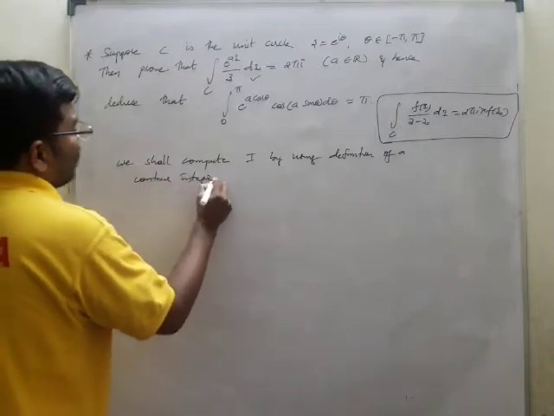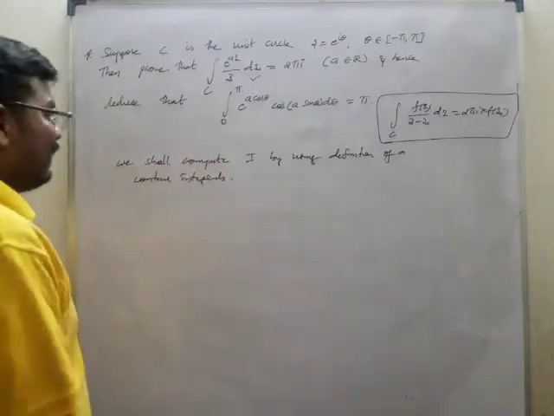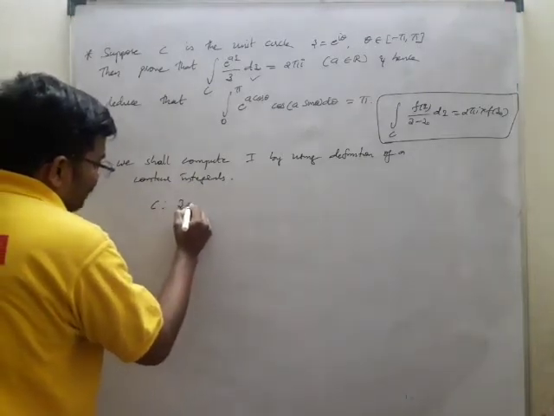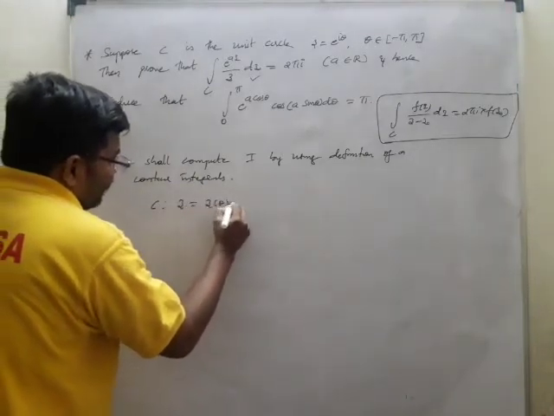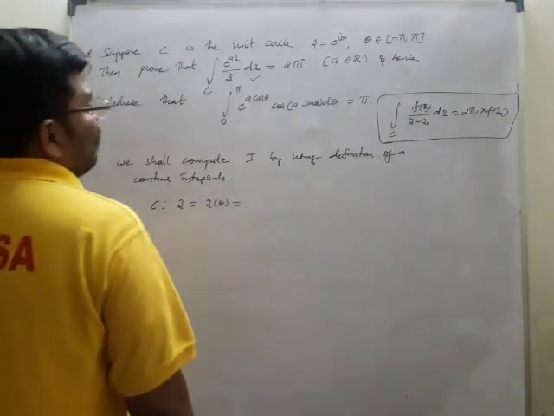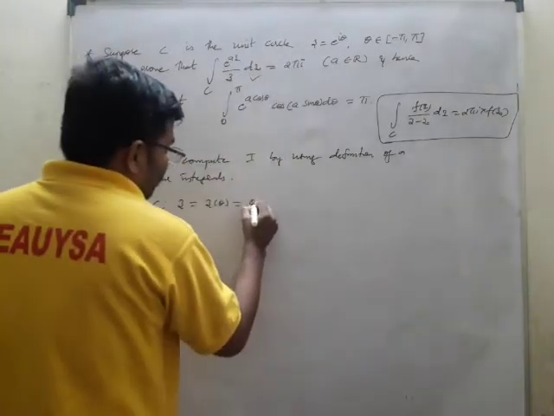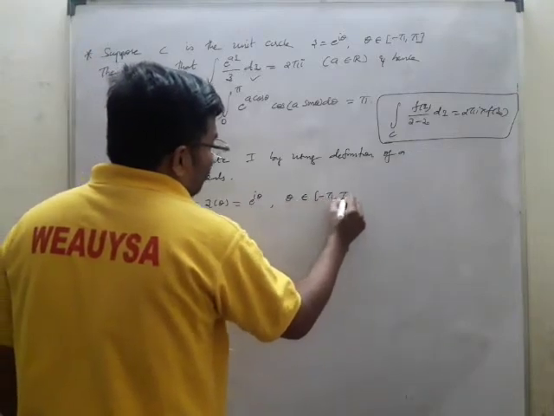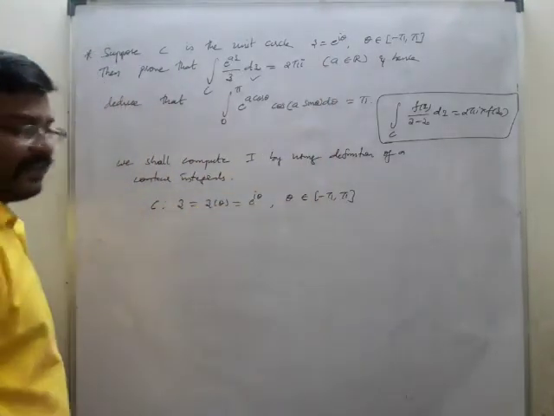First we write C: z equals z(theta), which is nothing but e^(i theta), where theta belongs to minus pi to pi. This is what is given.